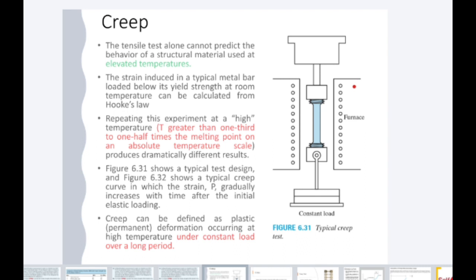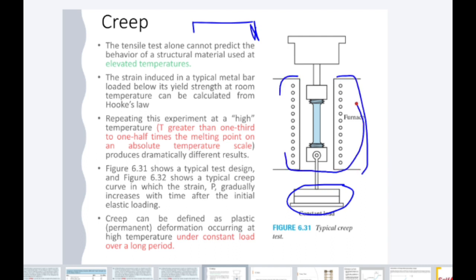Now this figure shows the creep testing. We have the specimen here. So look here, this is the constant load. We put the specimen here and then we have a lever and here we apply the load, but it is the same even if you directly apply the load to the specimen. And within the surrounding of the specimen, you can use a furnace, right, to give it a high temperature. We have done the experiment at room temperature, but usually it is not done at room temperature.